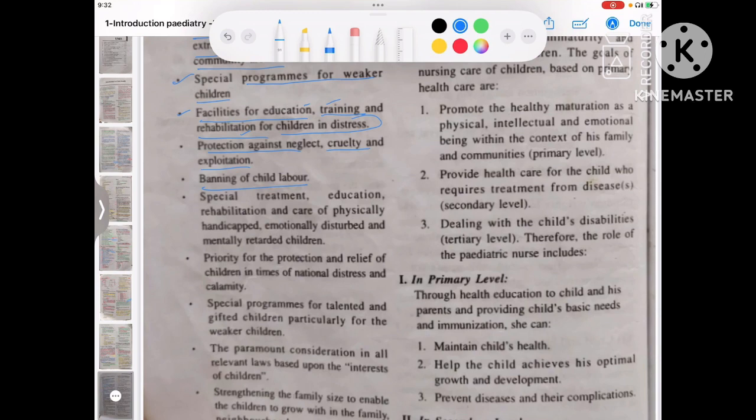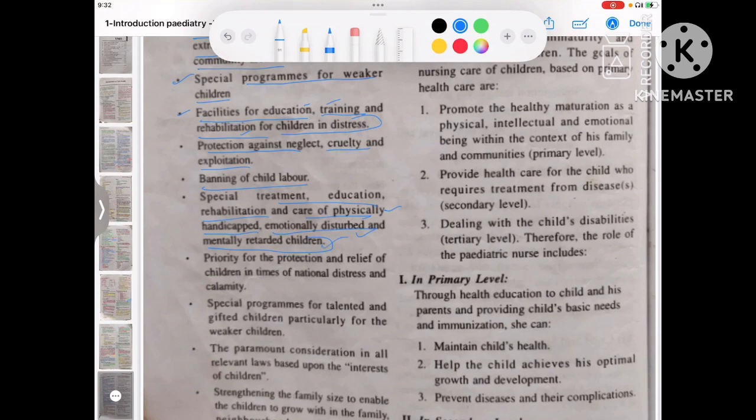Next one is special treatment, education, rehabilitation and care of physically handicapped, emotionally disturbed and mentally retarded children. Same as we saw with the weaker children, here also special treatment, education and rehabilitation will be provided for the physically handicapped, those not able to walk or stand, and the emotionally disturbed, and mentally retarded children.